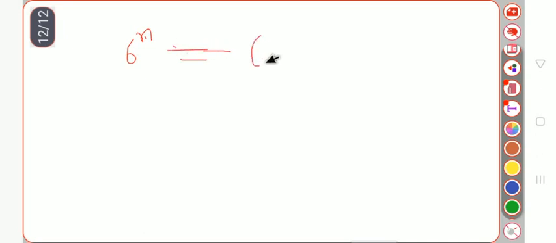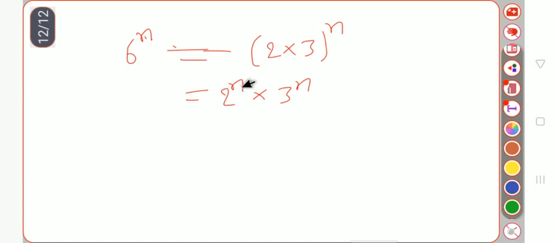So what can be the prime factors? 6 we can write as 2 into 3 and the power is n, so we can write 6 to the power n as (2 into 3) to the power n. Now we can separate each term, so we can write 2 to the power n and 3 to the power n. n is any natural number.